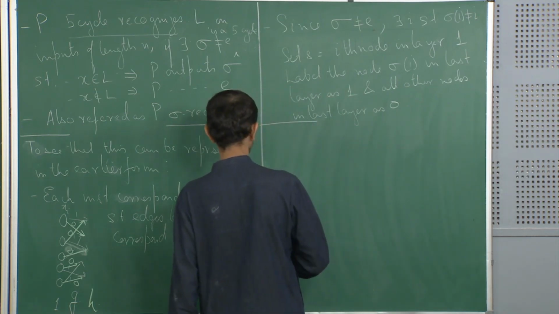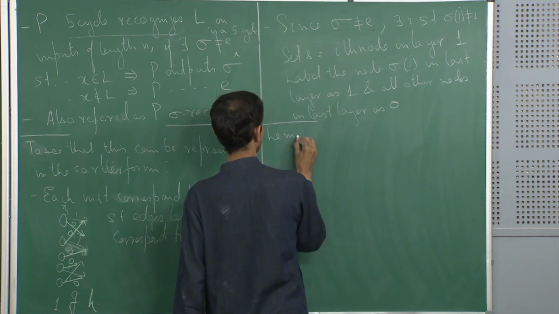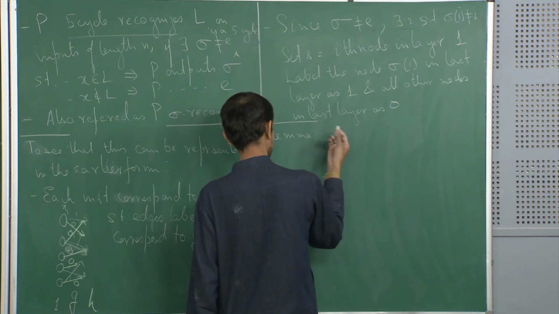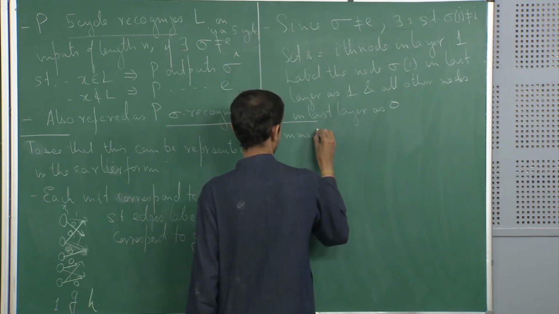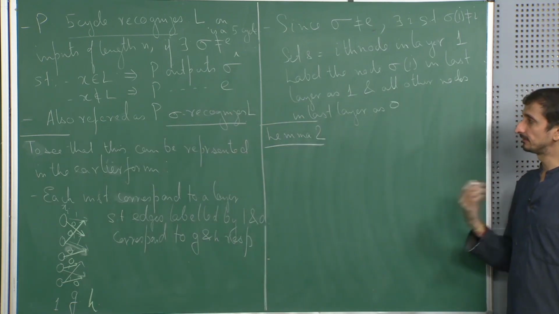Okay. So, to establish the theorem, we will prove two lemmas first, and these two lemmas are essentially just simple group theoretic ideas.